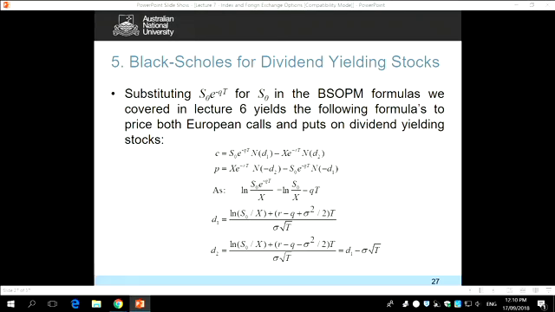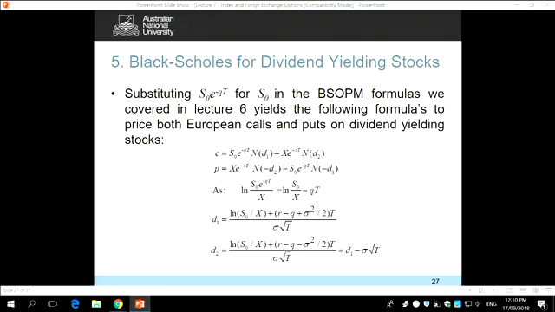So before, remember, it was r plus sigma squared divided by 2 times t. Well, you've got a negative q times t by taking the natural log. So to make it a bit easier, you can just say r minus q right in there. So replacing the r with r minus q. Whatever you want to do, it'll give you exactly the same answer. So if it's easier for you just to say S0 times e to the power of negative qt divided by x, and then it would become plus r plus sigma squared divided by 2, do that.